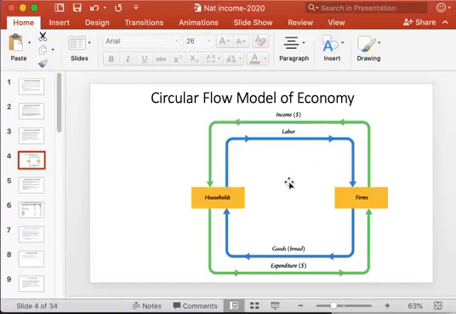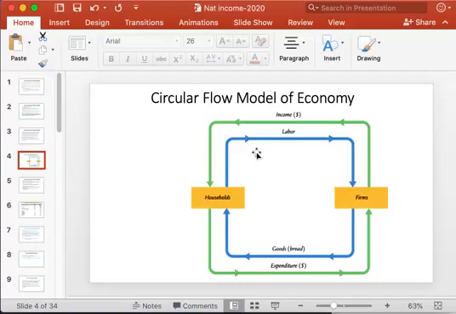And the calculation of GDP here is either the income earned by the household or the expenditure by the household here.